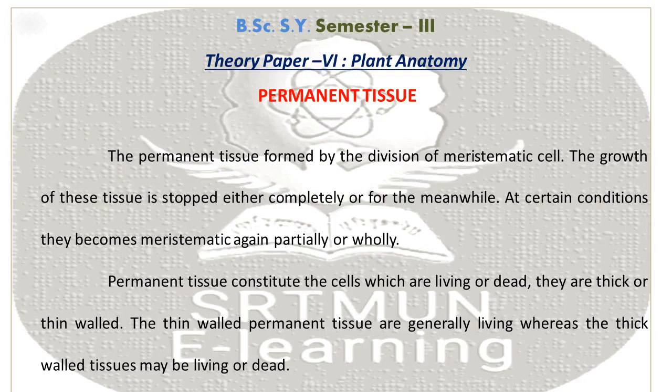Permanent tissue constitutes cells which are living or dead. They are thick or thin walled. The thin walled permanent tissues are generally living. The thick walled tissues may be living or dead.